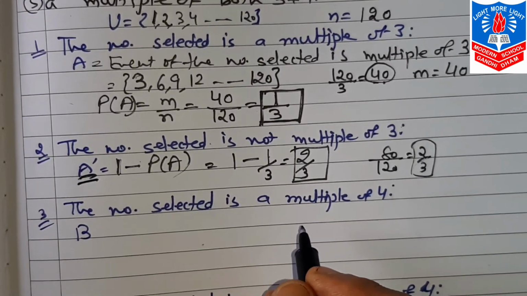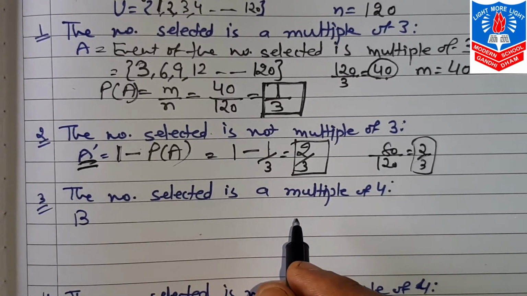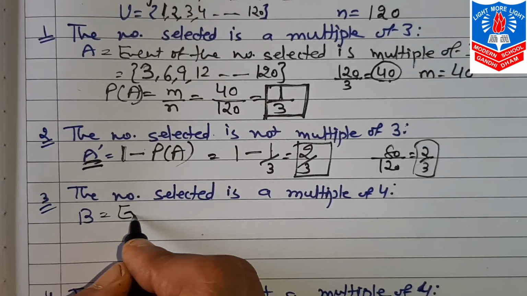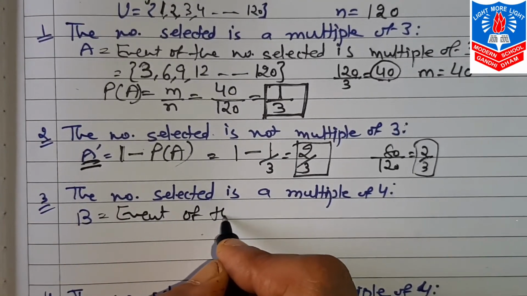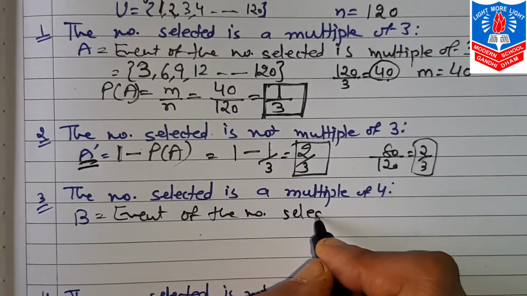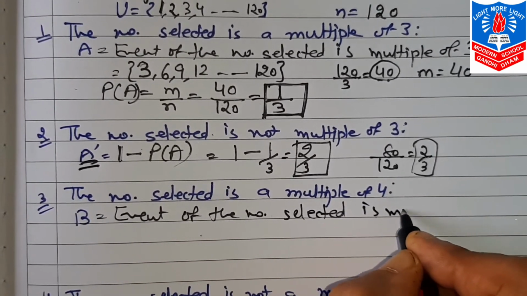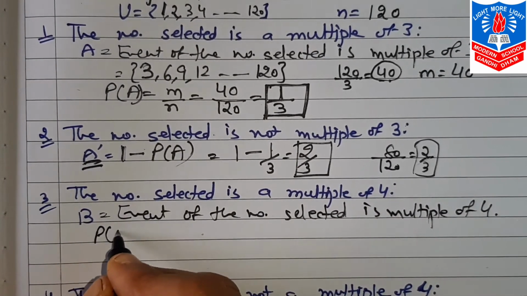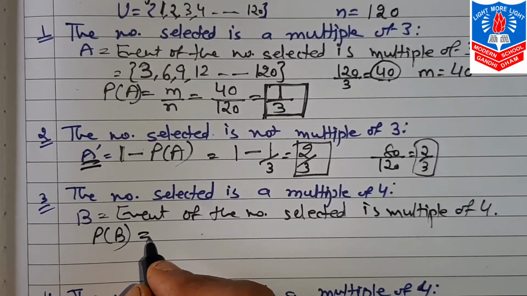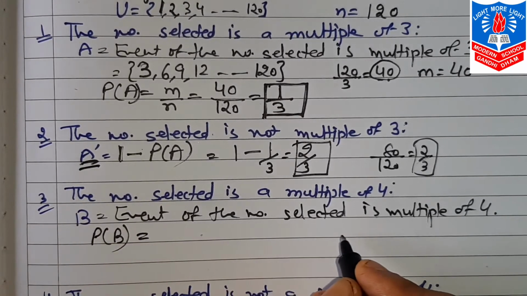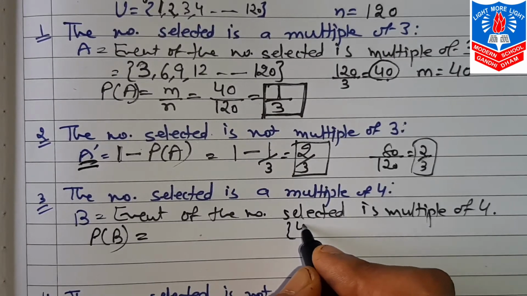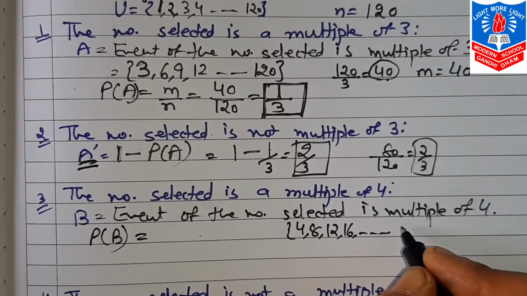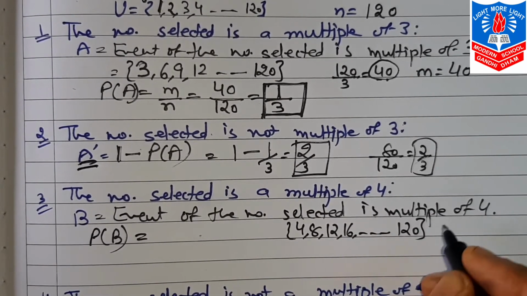Now next, the number selected is a multiple of 4. Again here we have to mention the event that the number selected is a multiple of 4, which we assume is B. So probability of B. Again, what numbers will these be? 4, 8, 12, 16, up to the last number 120.